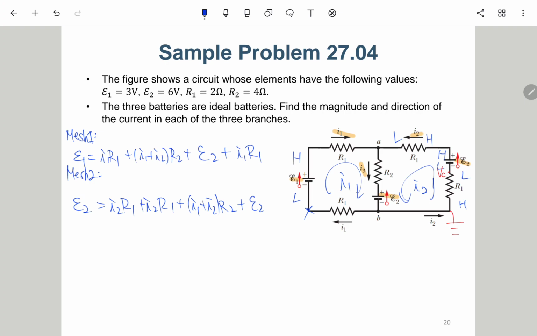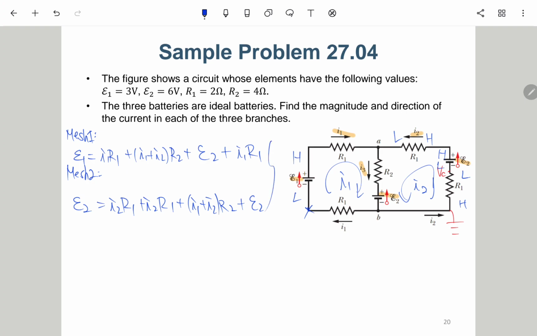Here we can try to simplify these two equations. For the first one, we have E1 minus E2 equals, we can collect I1 and I1. So altogether we have 2R1 plus R2 times I1, plus R2 I2, nothing else.